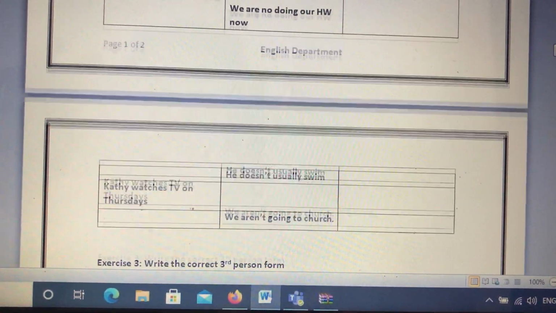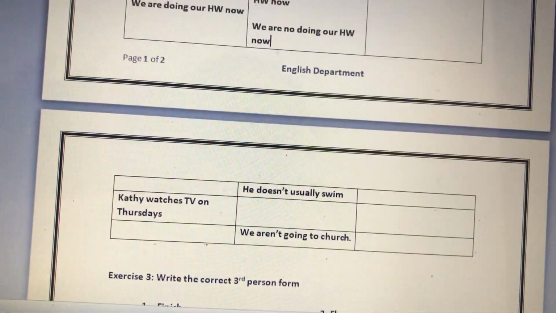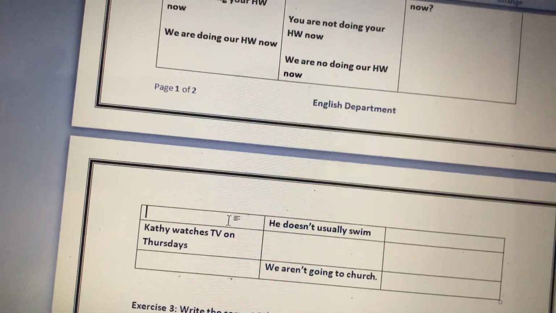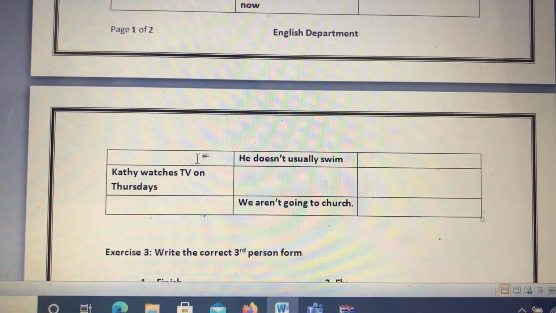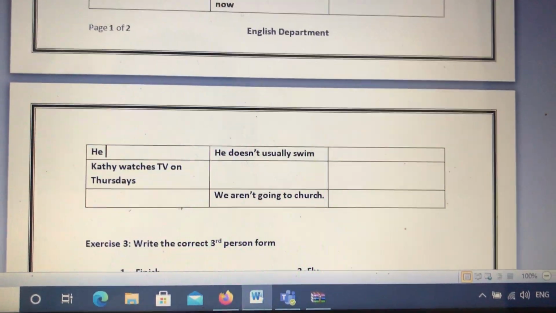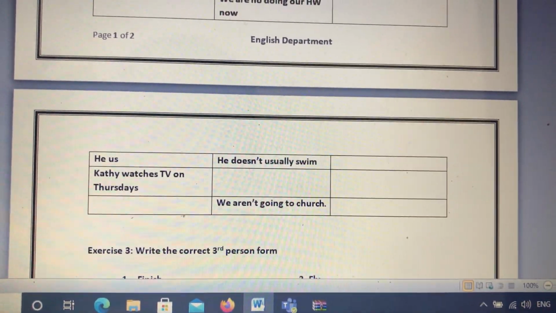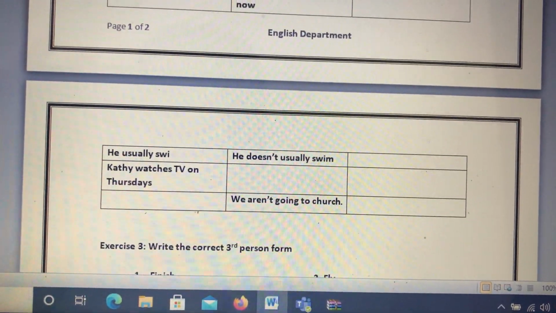Let's see the next sentence. He doesn't usually swim. We have it here in the simple present tense, the affirmative form of it. He usually swims.